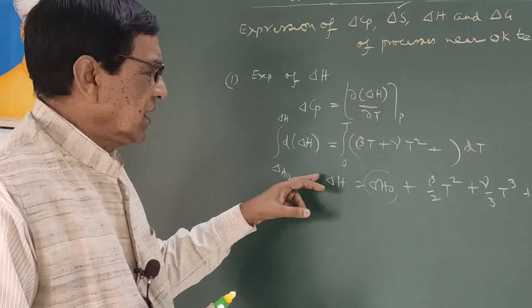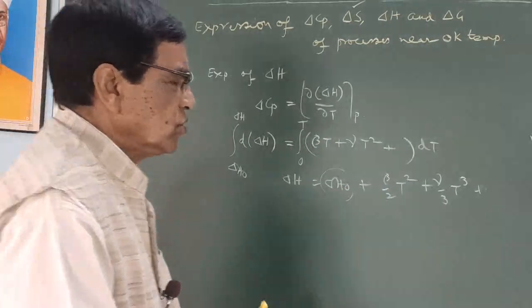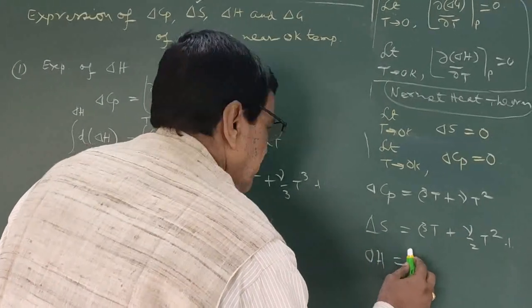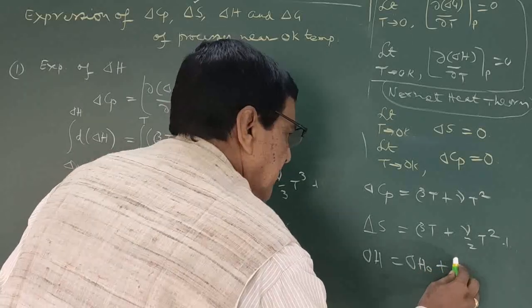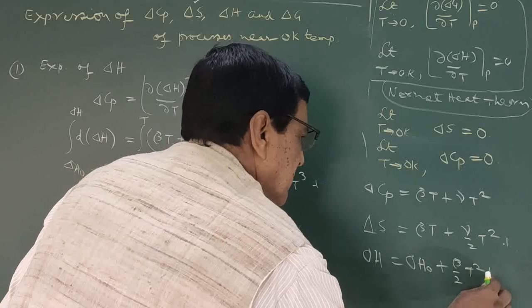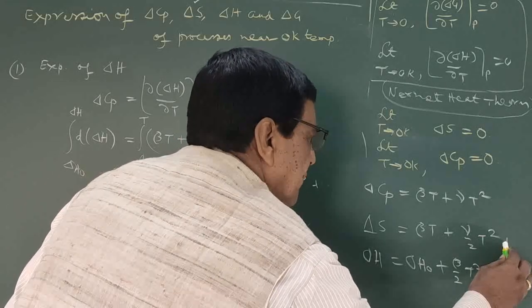Delta H is the enthalpy change for the same process at temperature T. So we can write delta H equal to delta H naught plus beta by 2 T square plus gamma by 3 T cube plus dot.